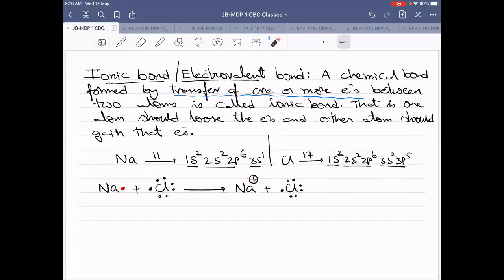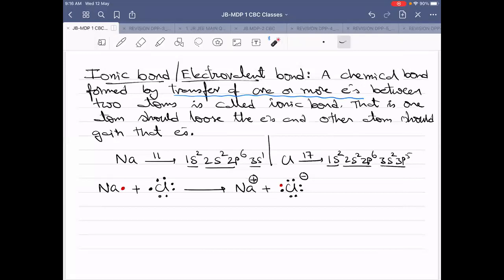And here chlorine has gained this electron. It was a neutral atom, but it has gained 1 extra electron, so it will develop negative charge. If 2 electrons are gained, 2 negative charges, like sulfide ion, S2 minus.